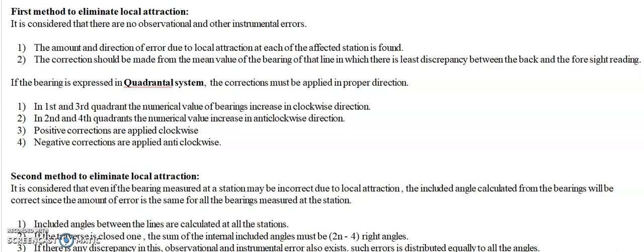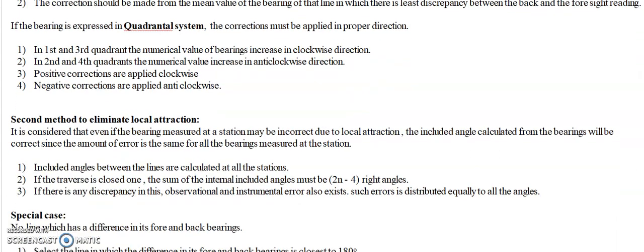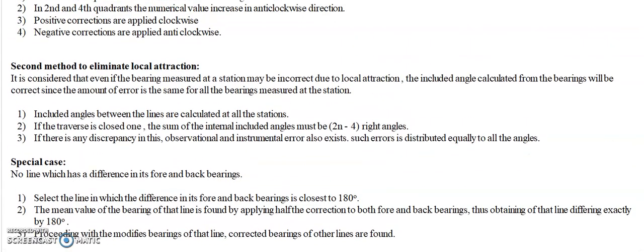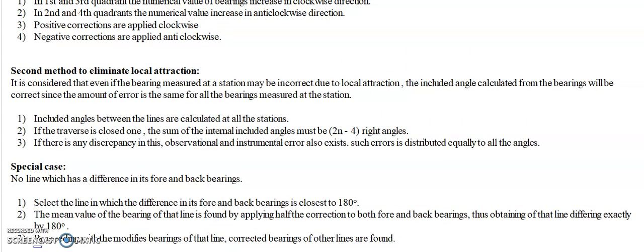Okay. Now, the second method for elimination of local attraction is this: it is considered that even if the bearing measured at a station may be incorrect due to local attraction, the included angles calculated from the bearings will be correct, since the amount of error is the same for all the bearings measured at the station.